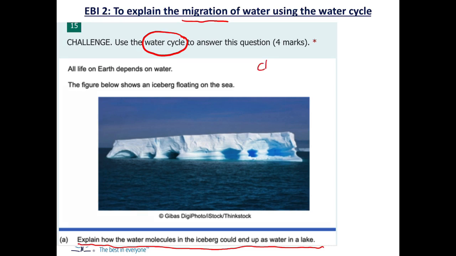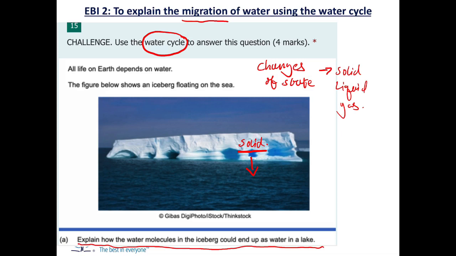Another thing to consider is the changes of state, such as solid, liquid, and gas, because the iceberg is a solid.